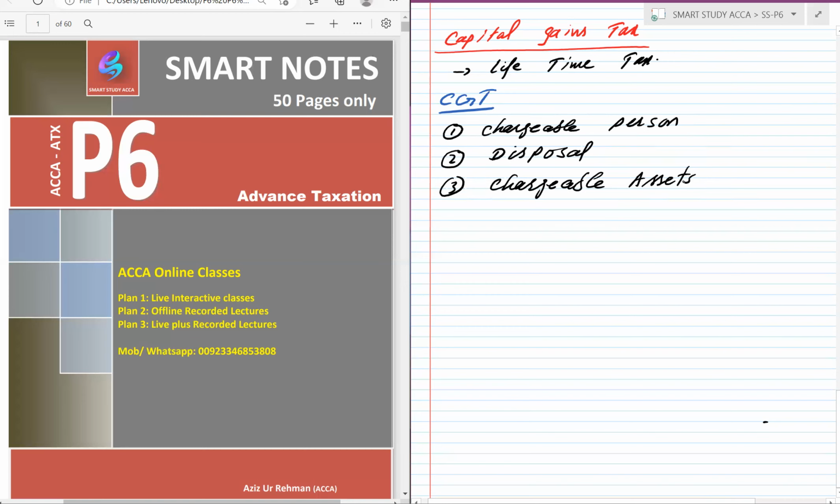When a chargeable person makes a disposal of chargeable assets, then capital gain tax will arise.